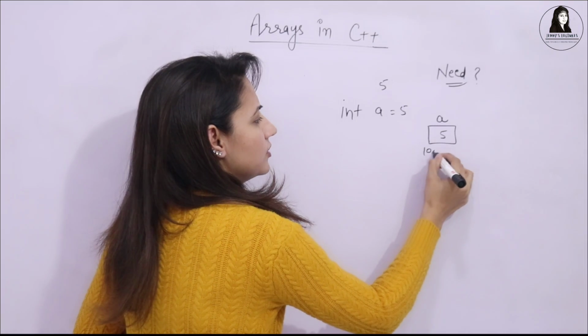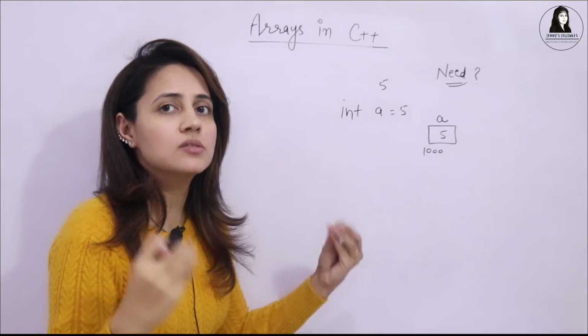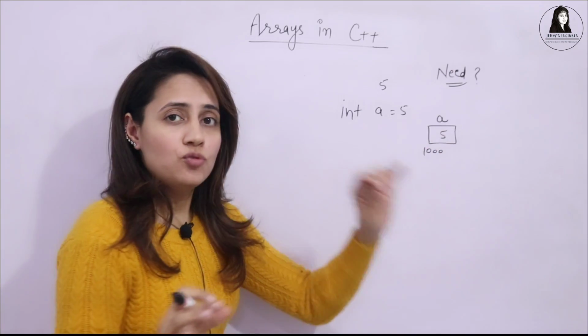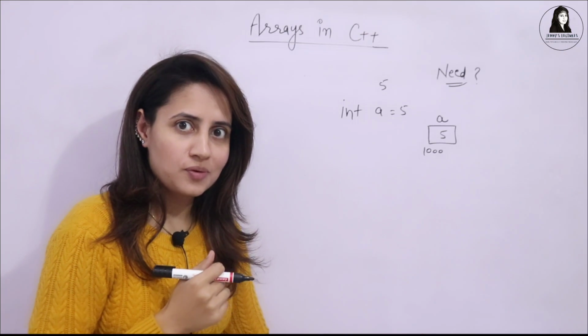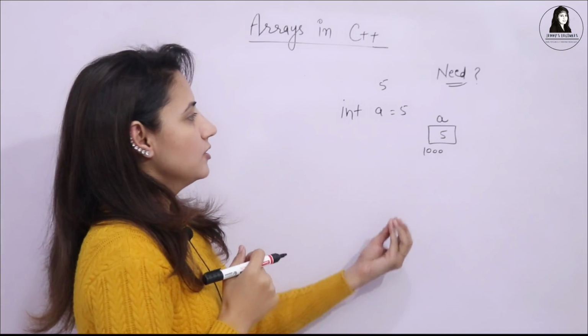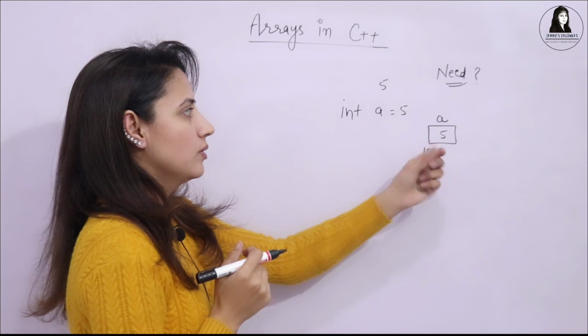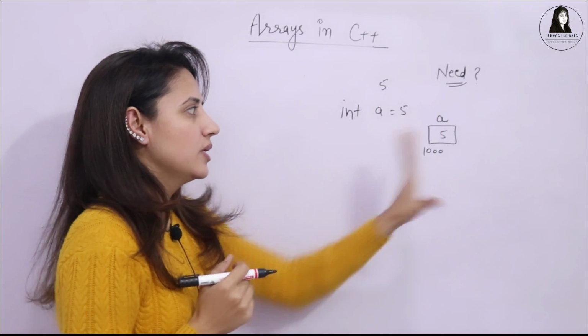Suppose the address is 1000. It would be in hexadecimal form, we don't know, but I'm just supposing. And obviously 5 would first be converted into binary form, then stored, but just for your understanding, I'm simply storing 5 in this block. This block is 4 bytes and the name of this memory location is a.